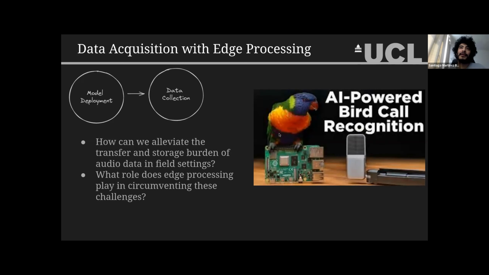For example, a few years ago, there was this open source model for bird identification called BirdNet published, and some other researchers developed a Raspberry Pi solution that could run the BirdNet model continuously and send the detections of the model to a central server.